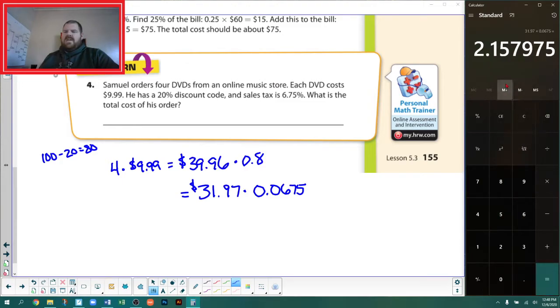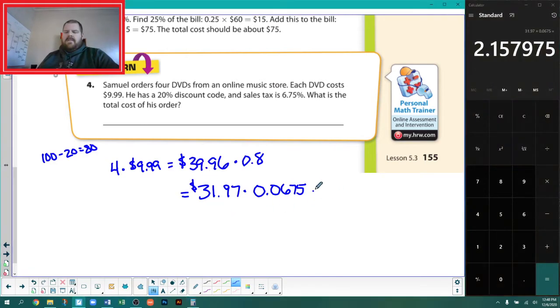And so the sales tax is $2 and let's say 16 cents. So that's the tax. That's the price after discount.